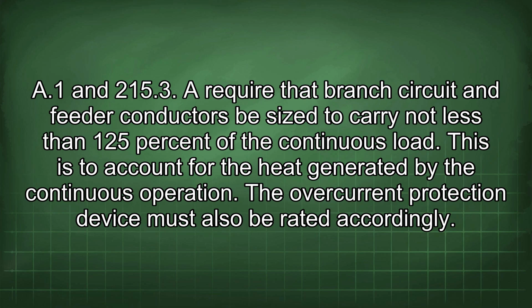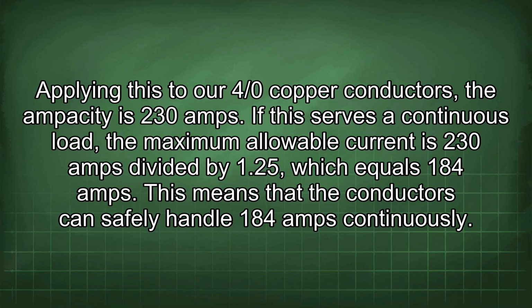The overcurrent protection device must also be rated accordingly. Applying this to our 4/0 copper conductors, the ampacity is 230 amps. If this serves a continuous load, the maximum allowable current is 230 amps divided by 1.25, which equals 184 amps. This means that the conductors can safely handle 184 amps continuously.